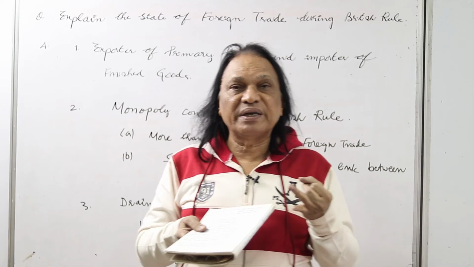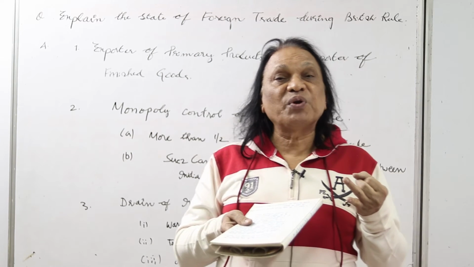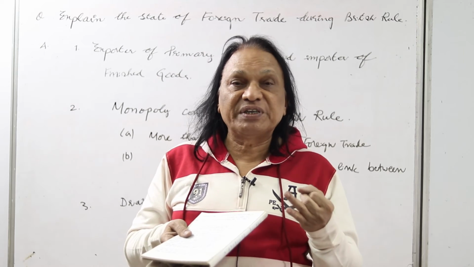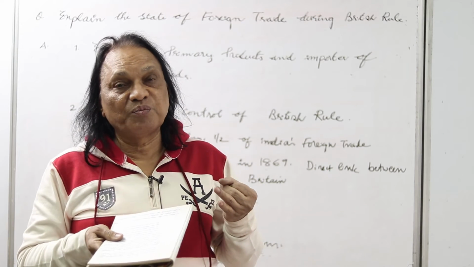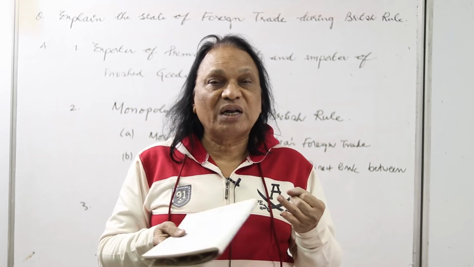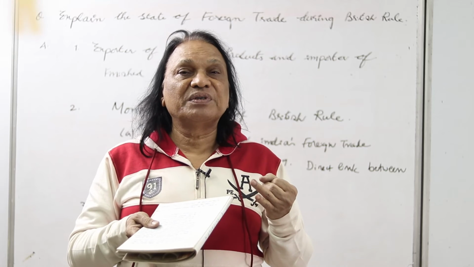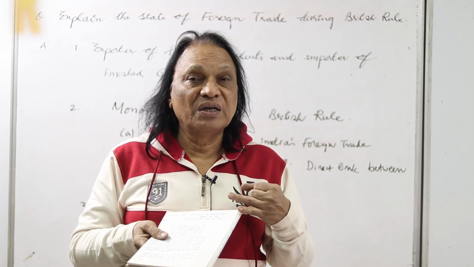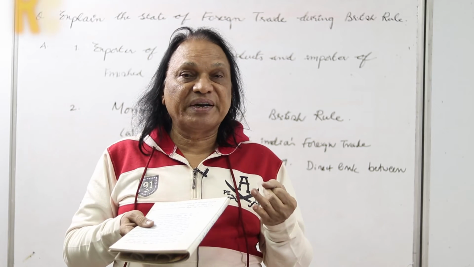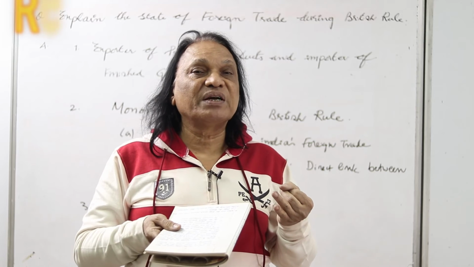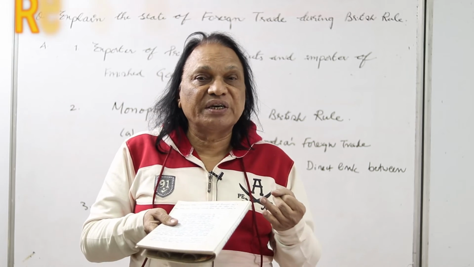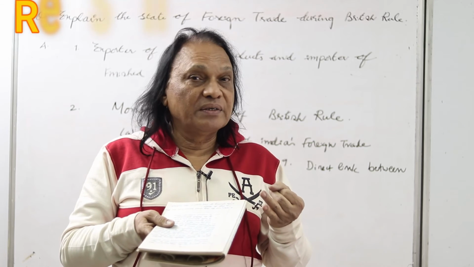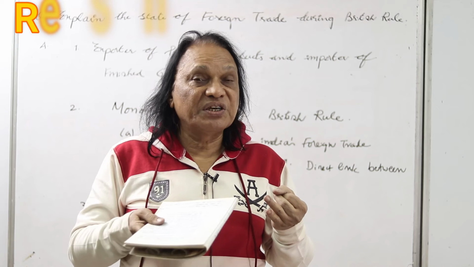The second point is monopoly control over the foreign policy of India. So the Britishers put controls. More than half of our trade used to take place with England or Britain, the remaining with other countries such as Iran and Sri Lanka.